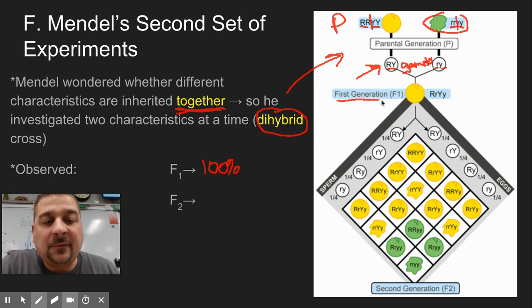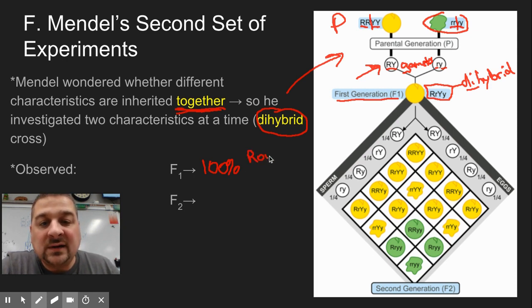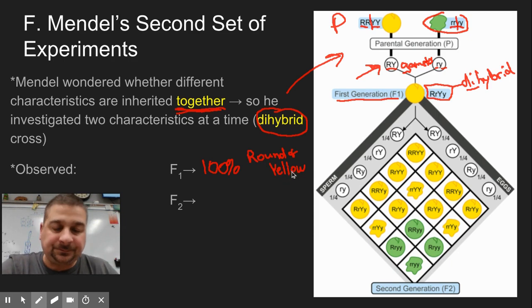So all of the F1 generation are what we call a dihybrid, di meaning 2, so hybrid for 2 traits. Notice all of the F1 generation were round and yellow. Just like in the monohybrid cross, where he crossed purple and white flowers and all of the F1 generation was purple. Remember, there was no blending happening at all.